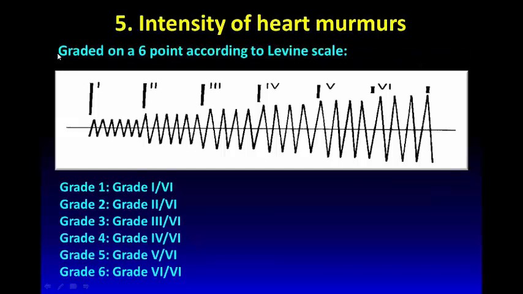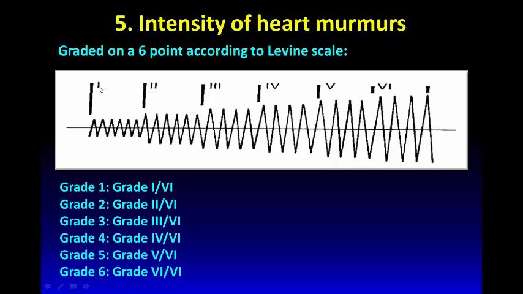Based on the intensity, the loudness of the heart murmurs, murmurs are graded on a 6-point Levine scale. So we have 6 grades: grade 1, which is also referred to as grade 1 over 6, grade 2, which is grade 2 over 6, grade 3, which is grade 3 over 6, and so on.